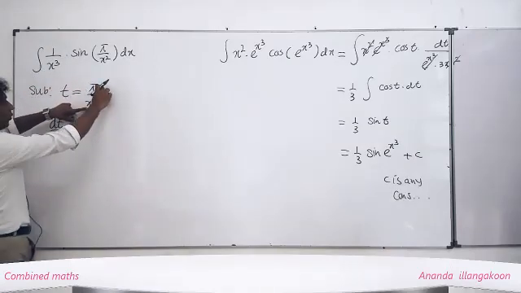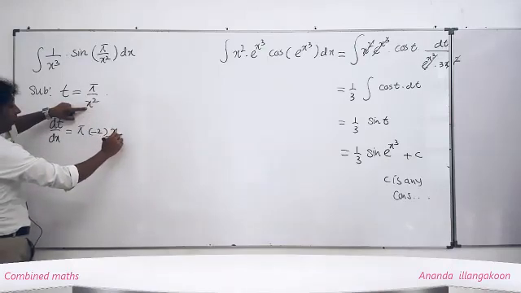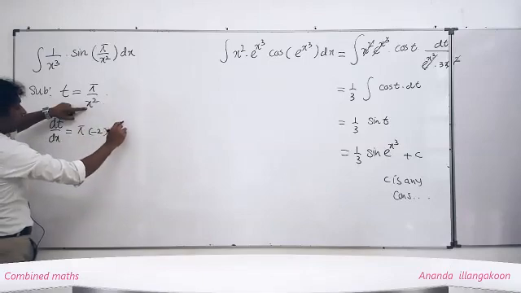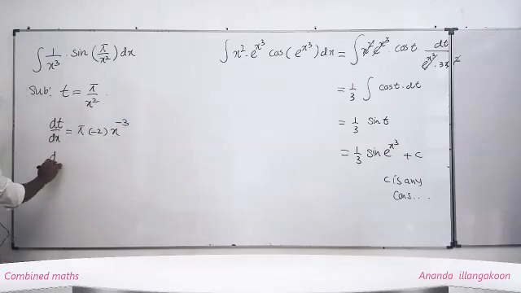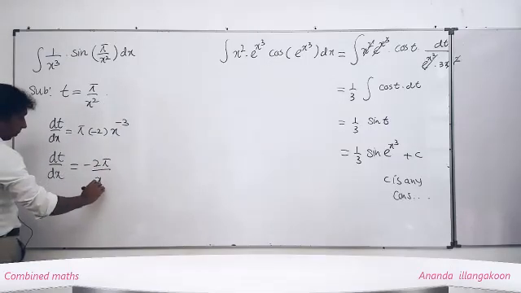Take this x squared to the numerator, x to the power minus 2 coming. Then we get minus 2 comes before x, minus 2 minus 1 is minus 3. So dt upon dx is minus 2 pi divided by x cube.